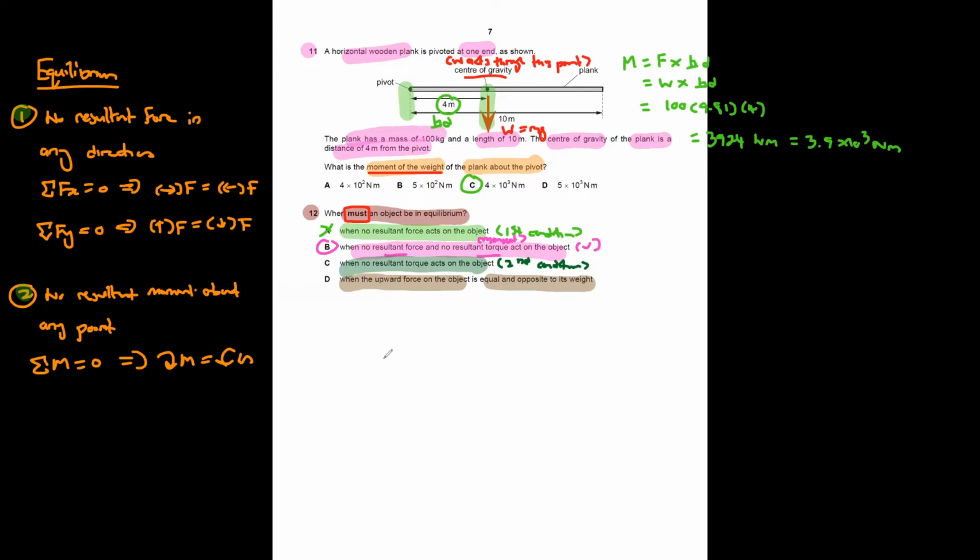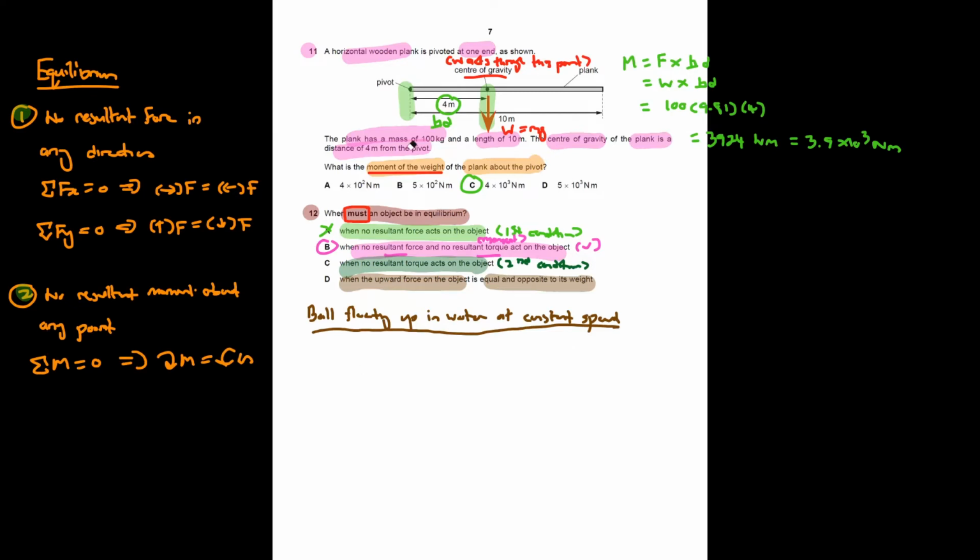I mean, the question asks for the condition where the object must be in equilibrium. So what if I have a ball floating up in water at constant speed? Let's just consider a case where I have a ball that's floating up in water at constant speed.